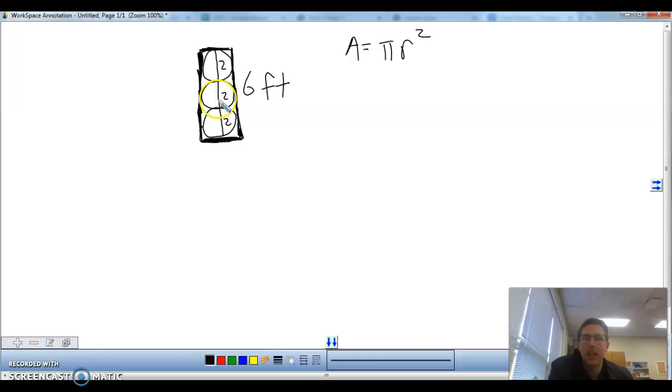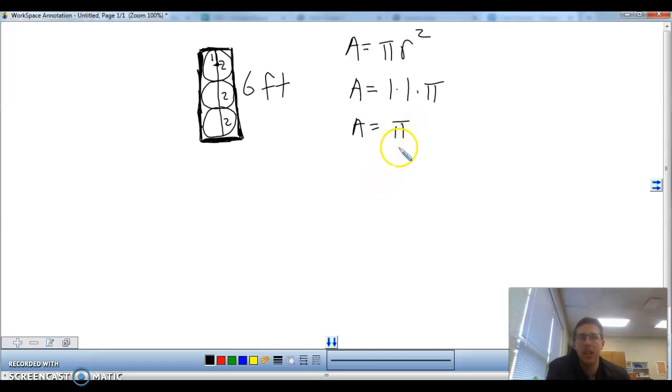So we've split it into diameters, but we still need the radius. So instead of 2, we need 1. So half the distance across one circle is just 1. So the area of one light is 1 times 1 times pi. Well, what's 1 times 1? 1. So the area of one light is just pi, right?